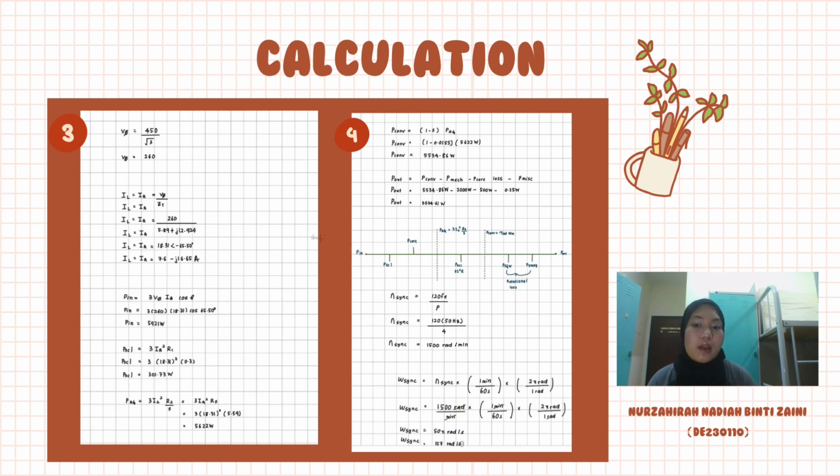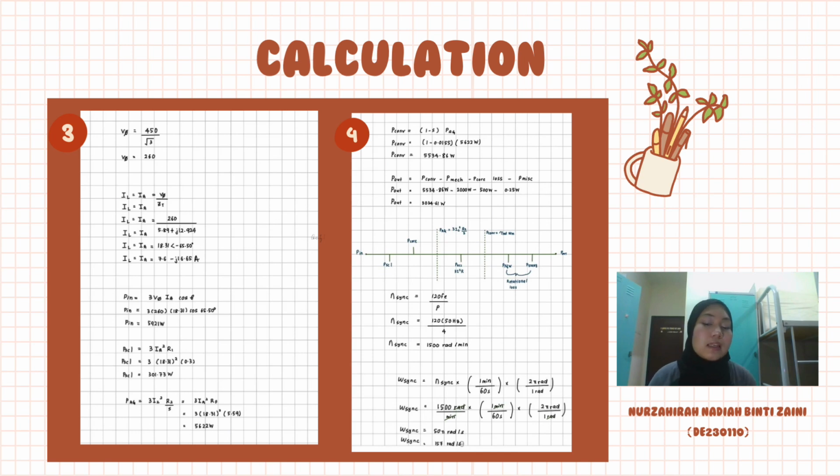Next, we need to find IL equal to IA equal to V phase divide ZT. So we get the value of IL equal to IA is 7.6 minus j16.65. So next we need to find the P in. The formula of P in is 3 V phase IA cos theta.